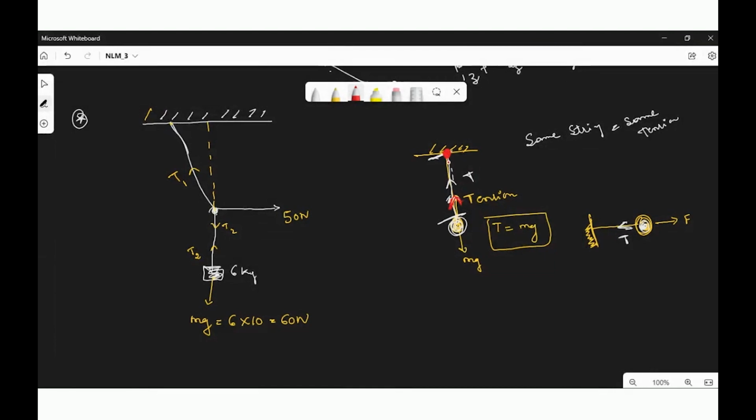You can apply Newton's third law: if this is pulling in this way, there must be an equal and opposite reaction, so you see a tension opposite to it at the rigid clamping point. Looking from this point, my string is this way, so it tries to pull in this direction. Tension is a pulling force, you can remember it like that. Any doubt?